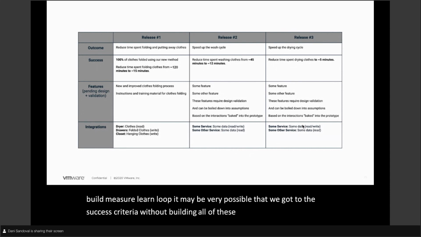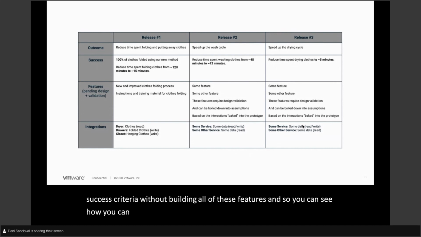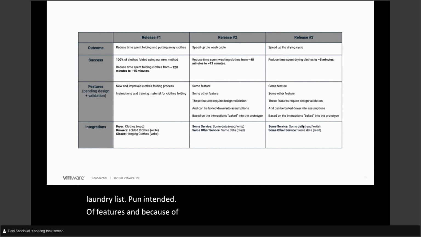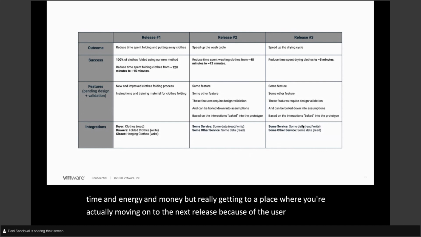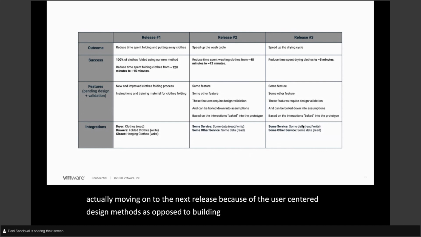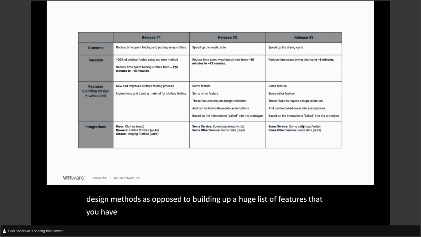And so you can see how you can get to an MVP before going through your laundry list, pun intended, of features. And because of that, you can actually end up not only saving time and energy and money, but really getting to a place where you're actually moving on to the next release because of the user-centered design methods, as opposed to building up a huge list of features that you have to implement in order for release one to be done.